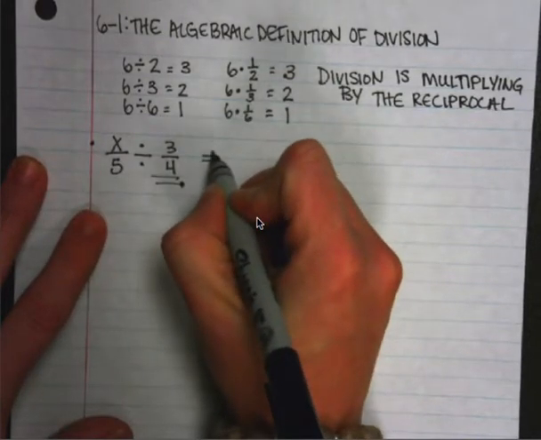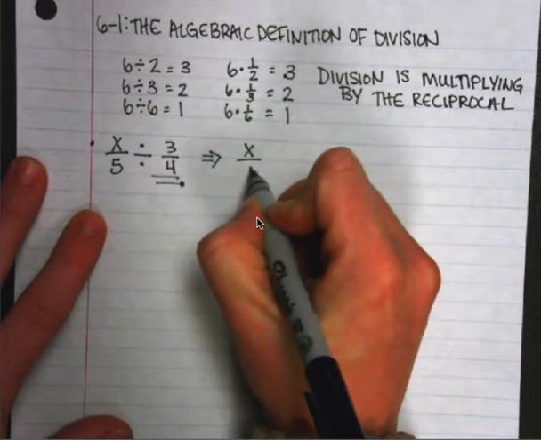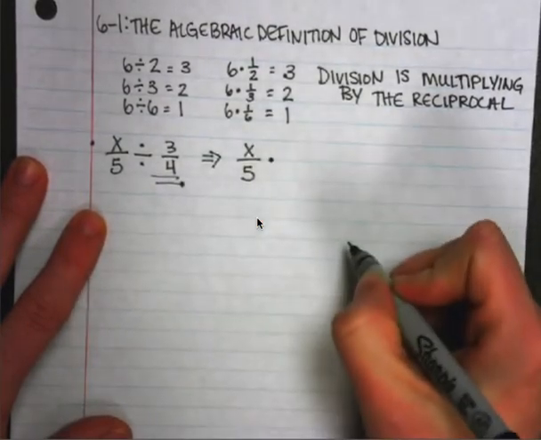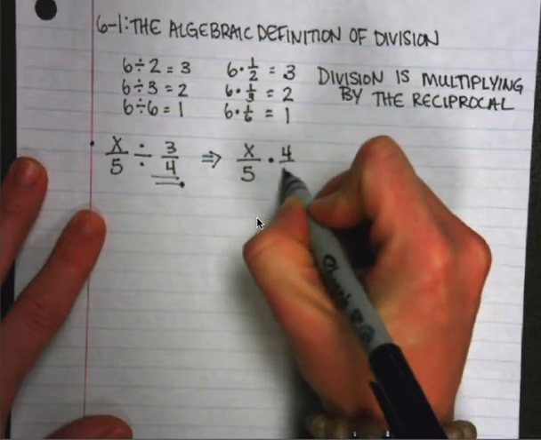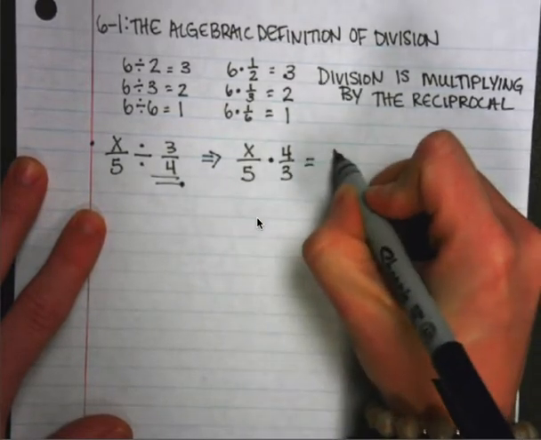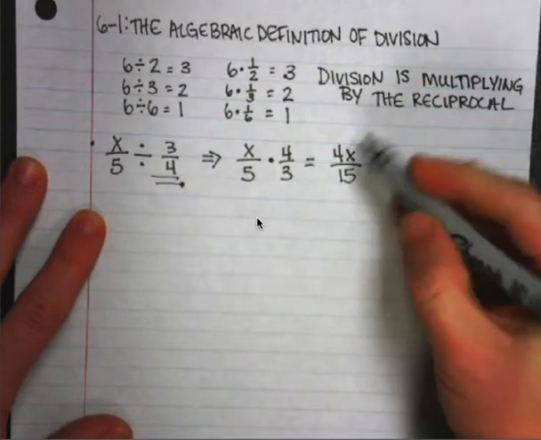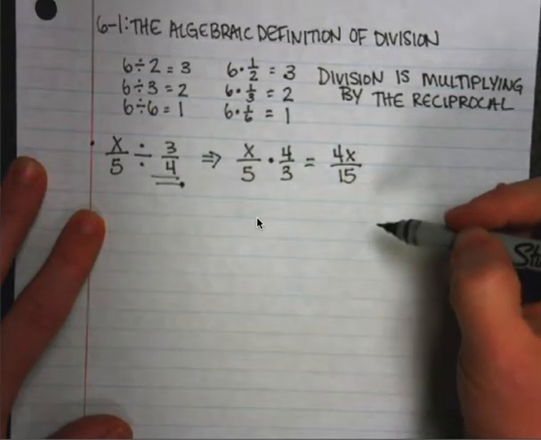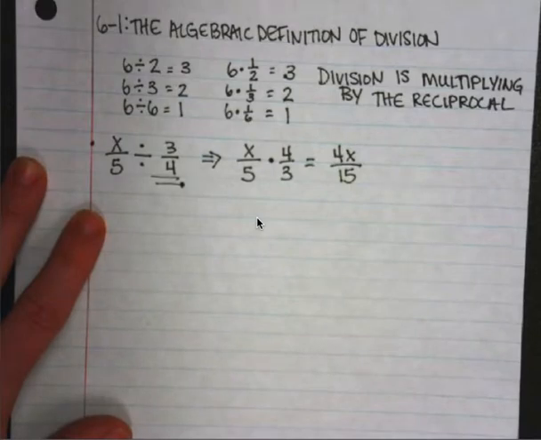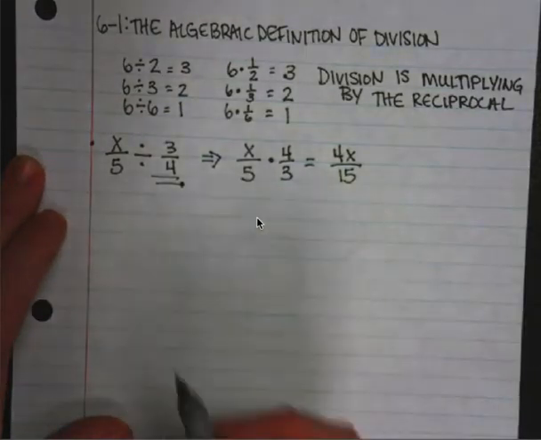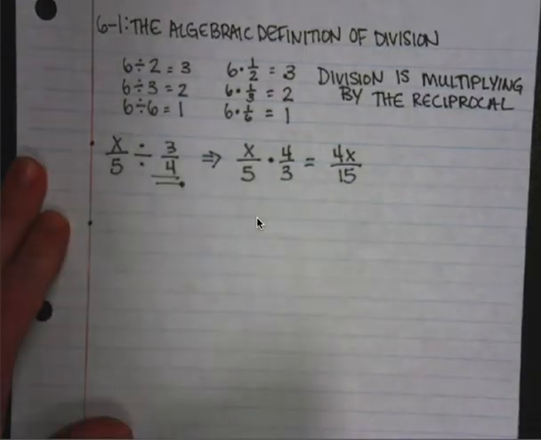So I'm just going to change this into multiplication and reciprocate that second number. So then I have 4 times x and 5 times 3. Check to see if you can simplify that at all, and we can't, and that's all the further you can go.